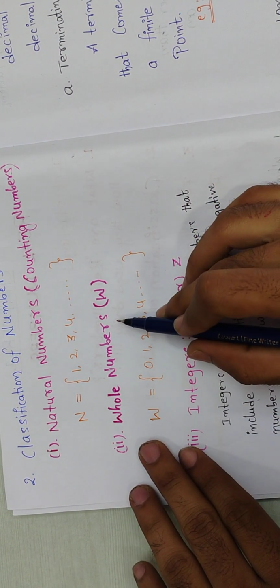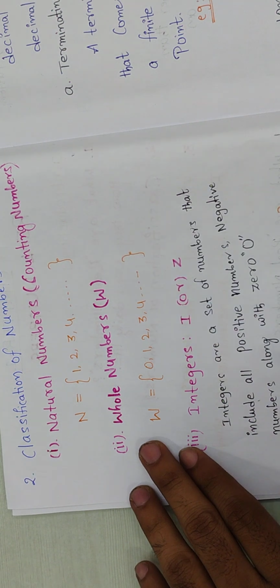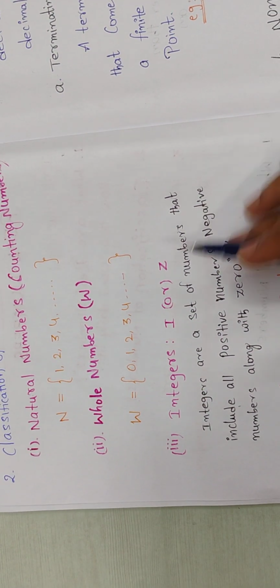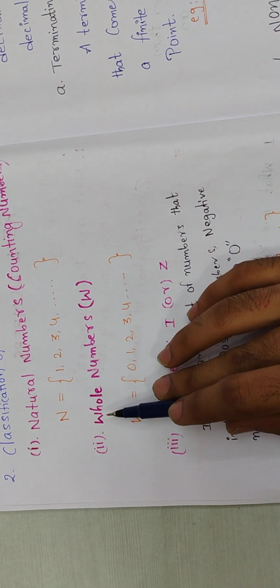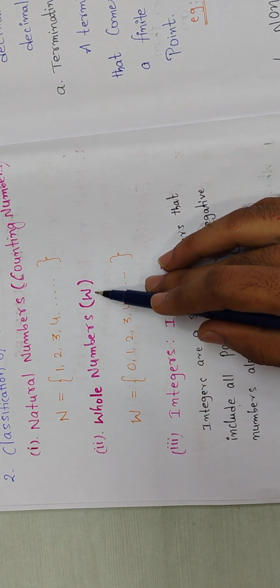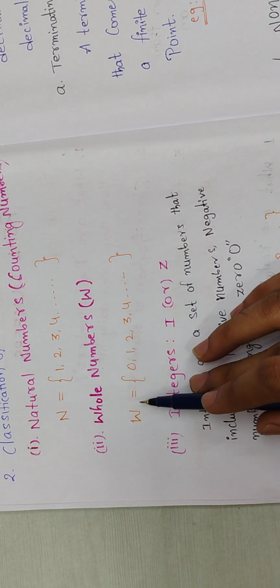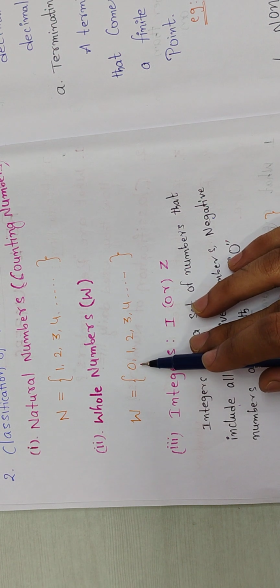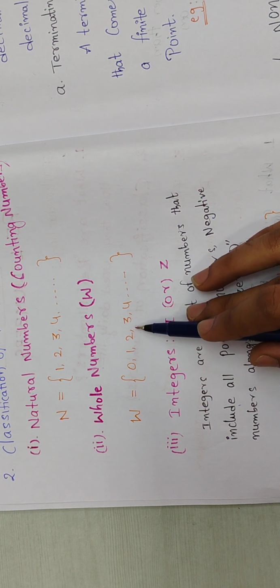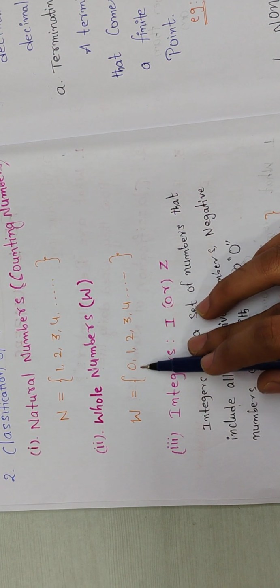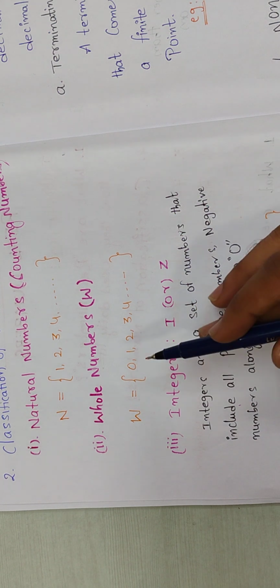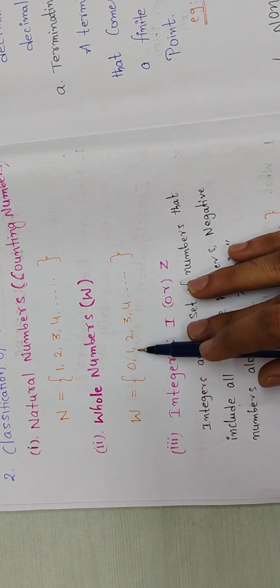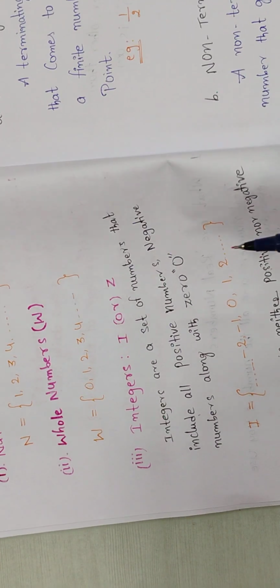Whole numbers we represent with the letter W. Remember this: natural numbers are represented with the letter N, and whole numbers with the letter W. Whole numbers begin with 0, 1, 2, 3, 4, so the start is 0. Whole numbers start from 0.